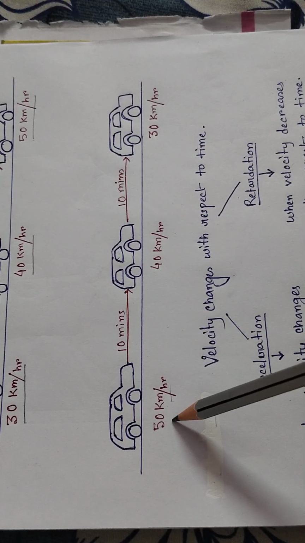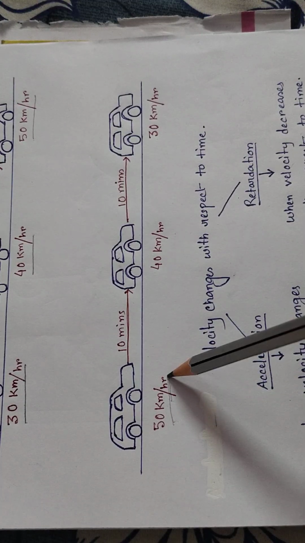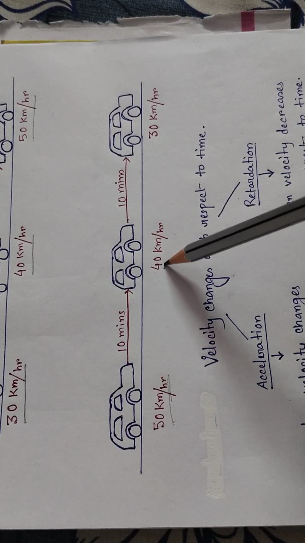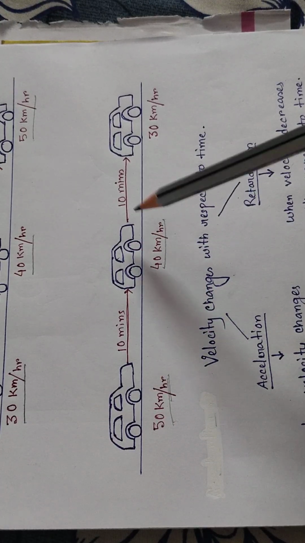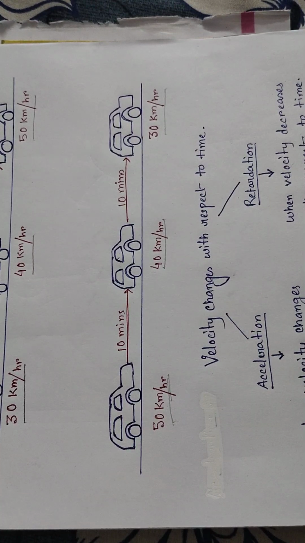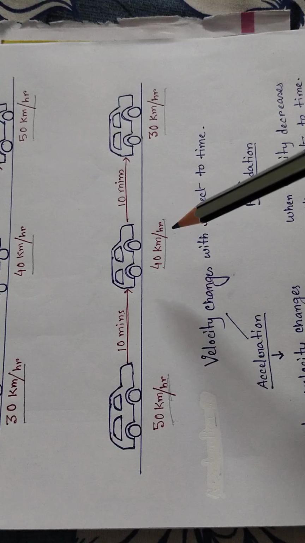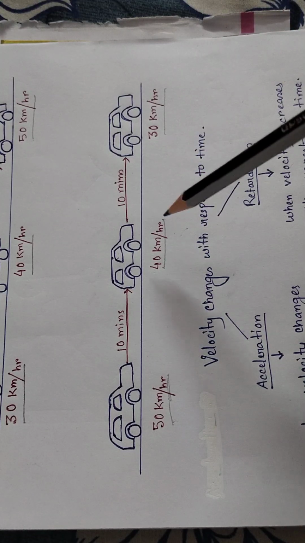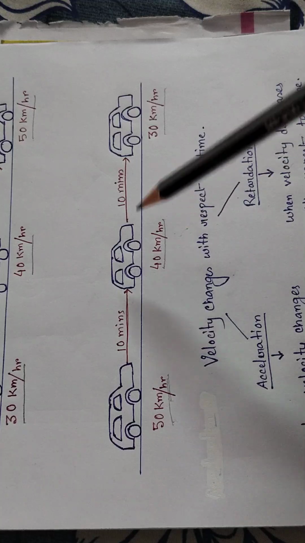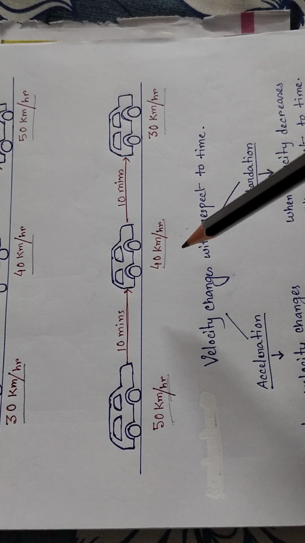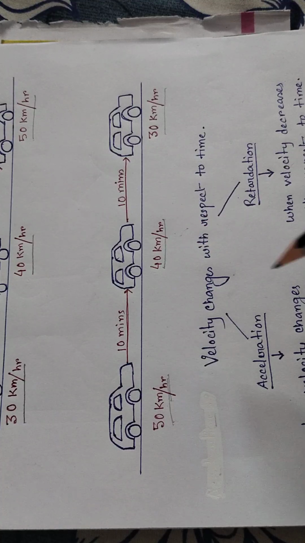At 50 km per hour the car was; after 10 minutes the speed becomes 40 km per hour, and again after 10 minutes the speed becomes 30 km per hour. So in this case the speed of the car is decreasing, and this is called retardation. We say the car is in deceleration or retardation. The words deceleration and retardation are very similar.